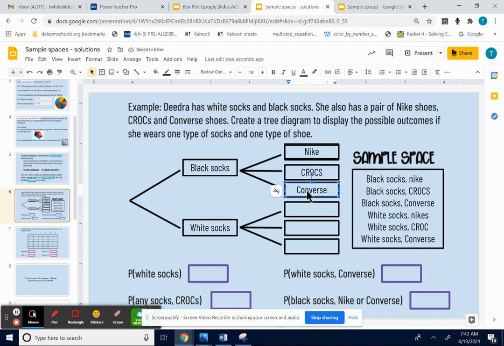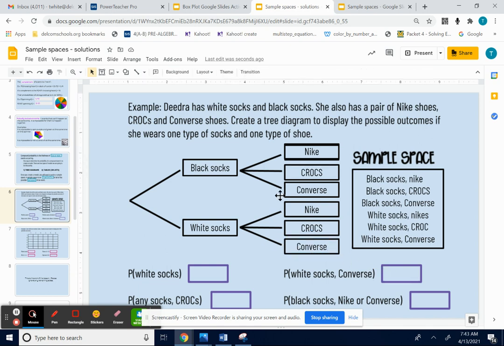We could do the same thing with white socks. She could wear white socks with Nikes, white socks with Crocs, white socks with Converse. We're just branching off the shoe outcomes or possibilities from the sock possibilities.